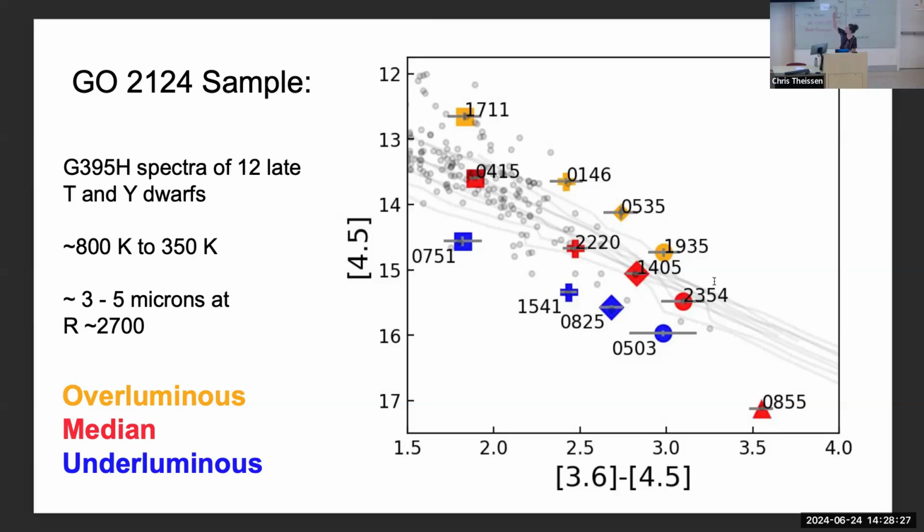And then below the median, we have some objects that are underluminous for their Spitzer color. As it turns out, when we collected our spectra, they are not just underluminous and overluminous for their Spitzer color in the 4.5, they also are in the bolometric sense as well, although not to the same extent.